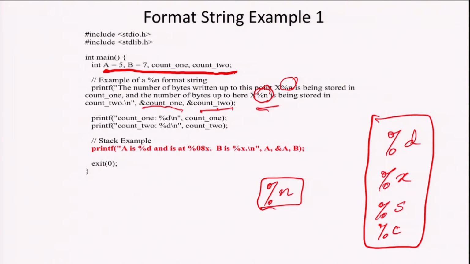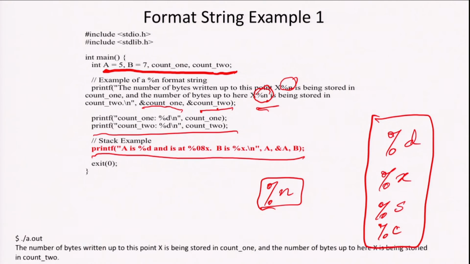That's all fine. Then you can print those numbers using a regular printf. And then if you want, you can also print the values of a and b, the address of a, and things like that.